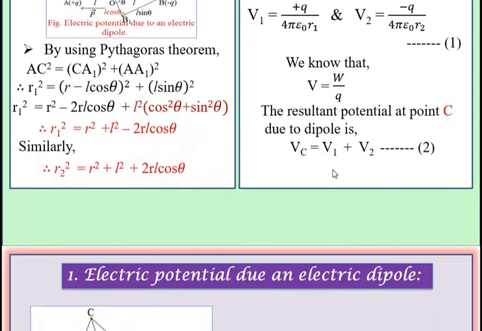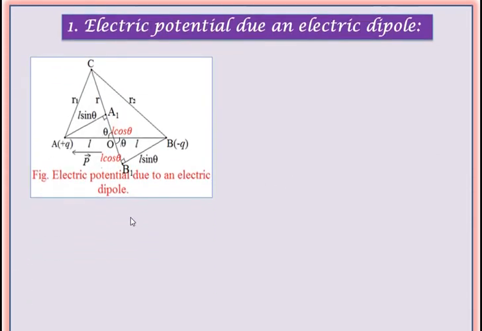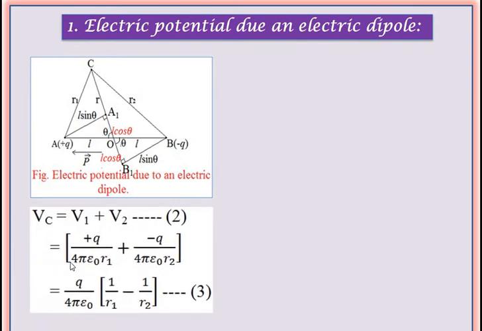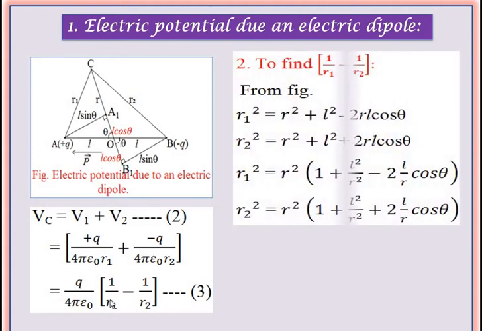Putting the values, V1 is plus Q divided by 4 pi epsilon 0 into R1 plus V2 is minus Q divided by 4 pi epsilon 0 into R2. Taking common Q divided by 4 pi epsilon 0, in bracket 1 upon R1 minus 1 upon R2. Suppose this is equation number 3, and we have to obtain the value of 1 upon R1 minus 1 upon R2.